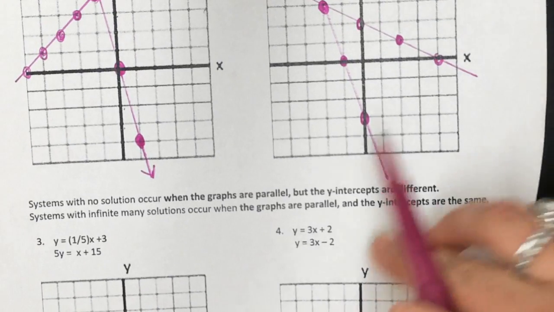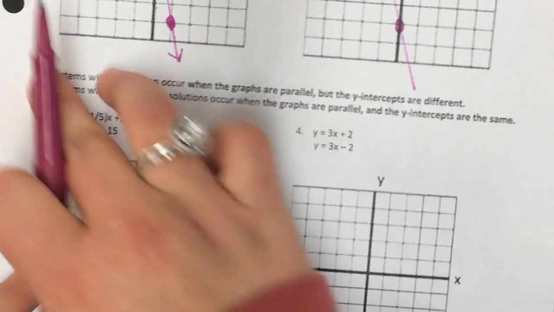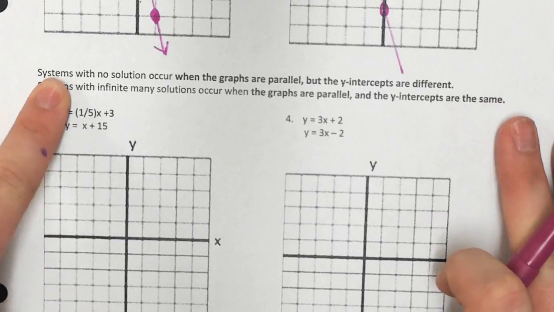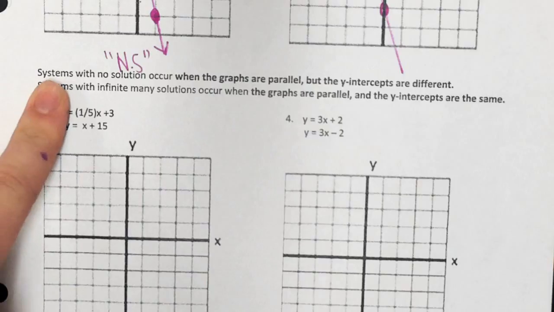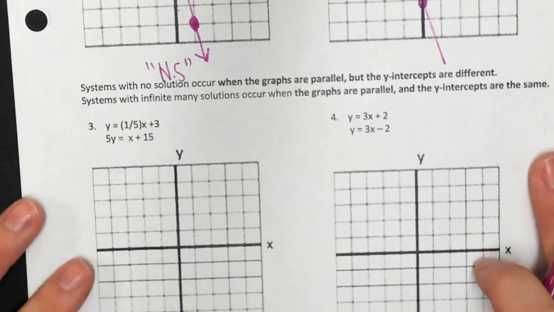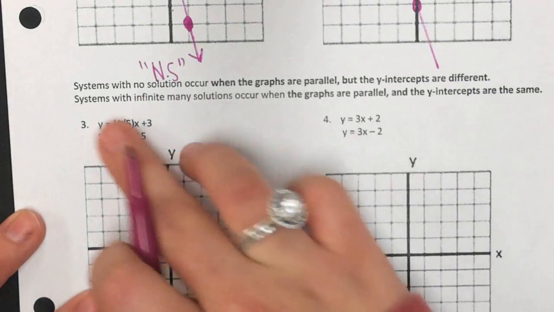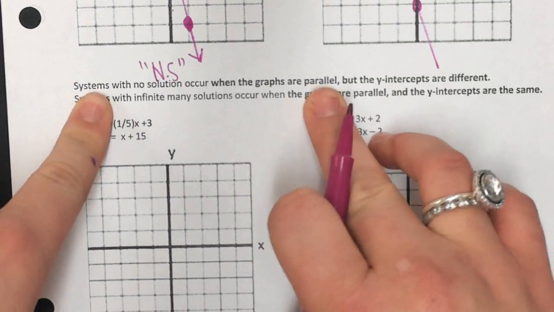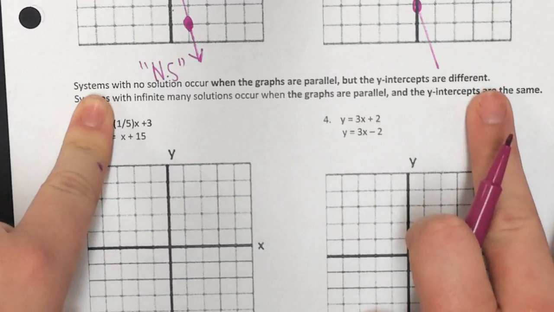Okay, so what happens if they don't intersect? Y'all are on the right track. So look down here, in case you have forgotten. Systems with no solution. So you can write that as NS, no solution. This is when they don't cross. If it is no solution, the graphs are parallel, but the y-intercepts are different.